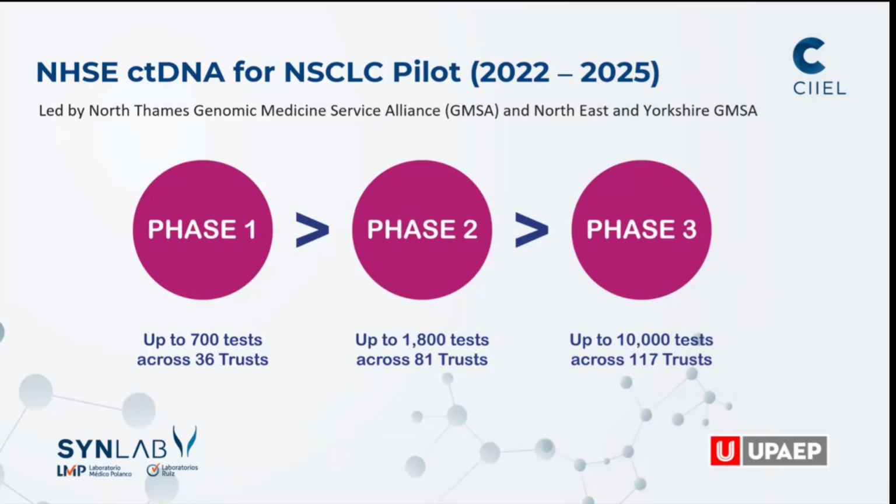In order to get ctDNA technology into the clinical space, into the NHS, the National Health Service in the UK, NHS England being specifically for England, there was a pilot scheme which was funded and undertaken across the 7 GLH regions. It was actually run by what was called the GMSA, the Genomic Medicine Service Alliance, which is all the hospital trust infrastructure that was needed in order to coordinate and allow the genomic laboratory hubs to do the work.